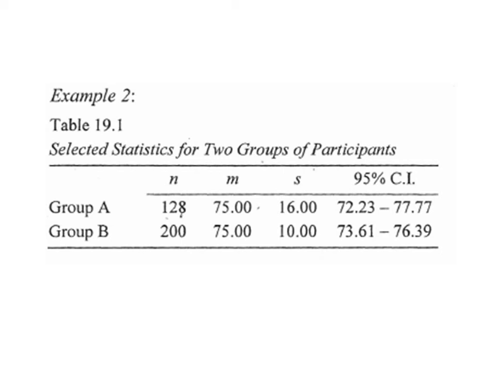And if you'll look at group A, you see we have an N, so we have the number of participants at 128. We have a mean of 75. We have a standard deviation of 16. But we can report with 95% confidence that the true population mean lies between 72.23 and 77.77.